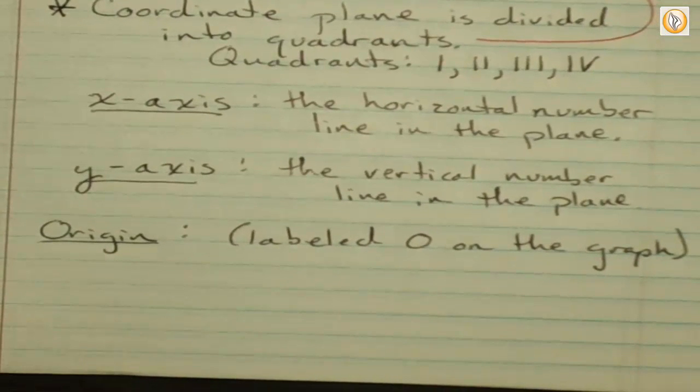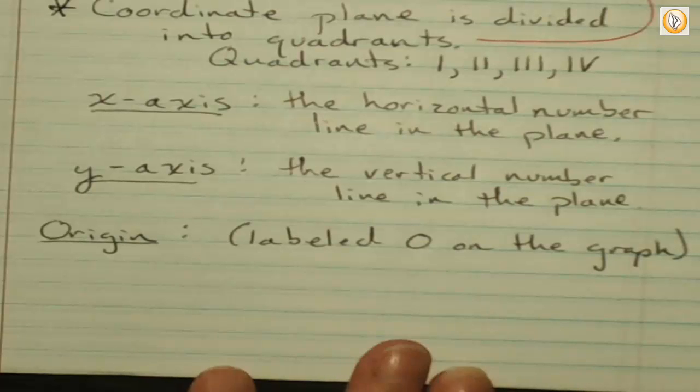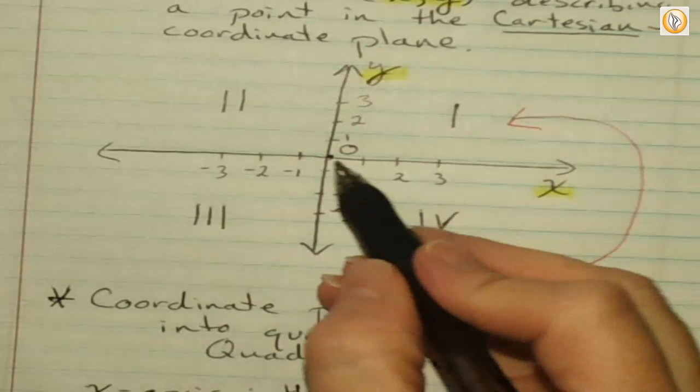Kids tend to think it's just an O or it doesn't exist, because I have kids that will count from +1 and then skip 0 and go to -1. Or one of the ordered pairs has 0 in the X or Y and it throws people off. The 0 exists and it's right here.